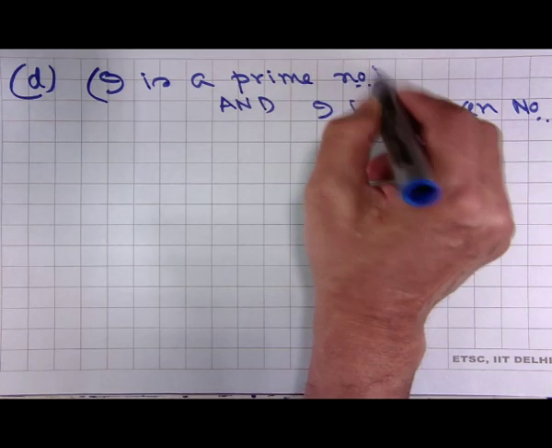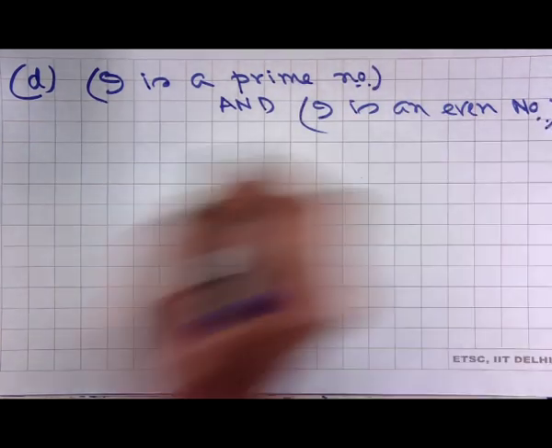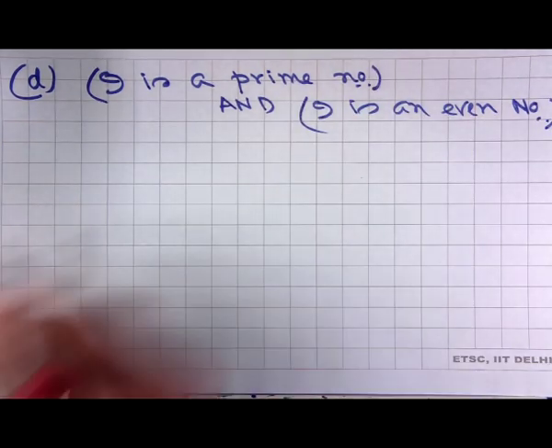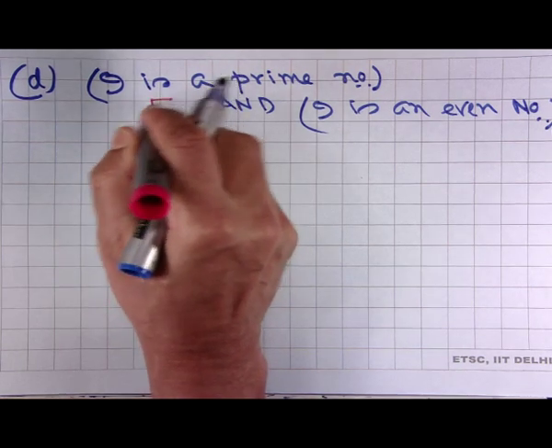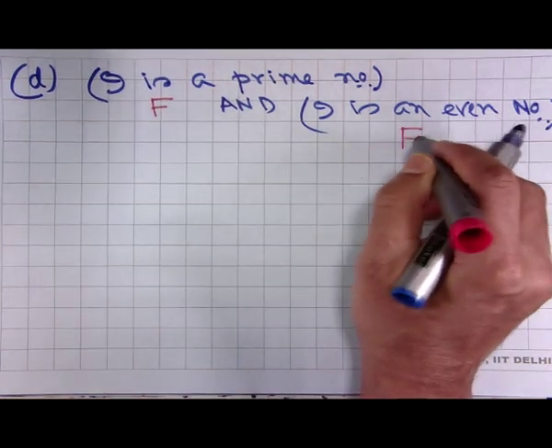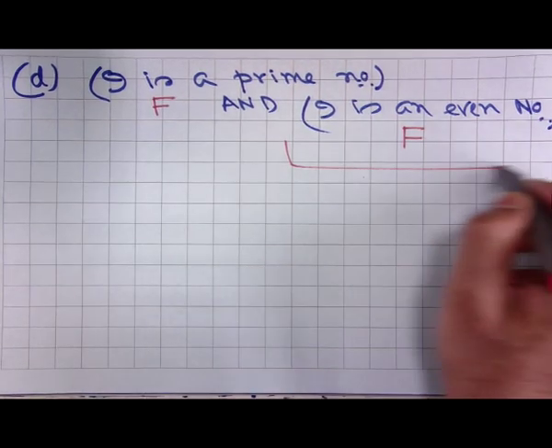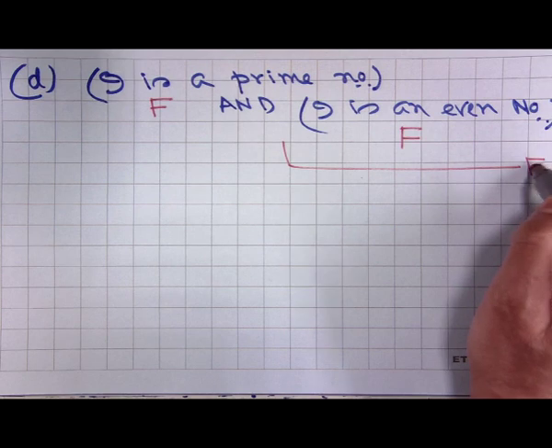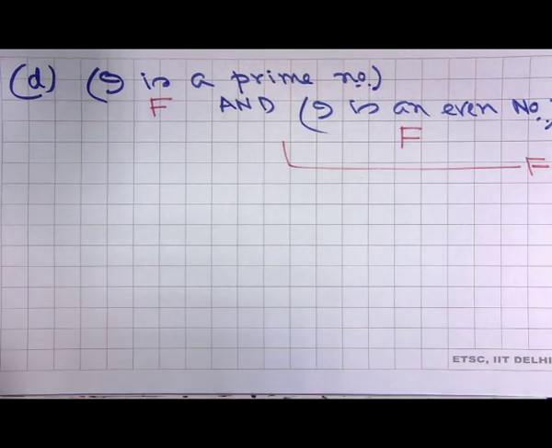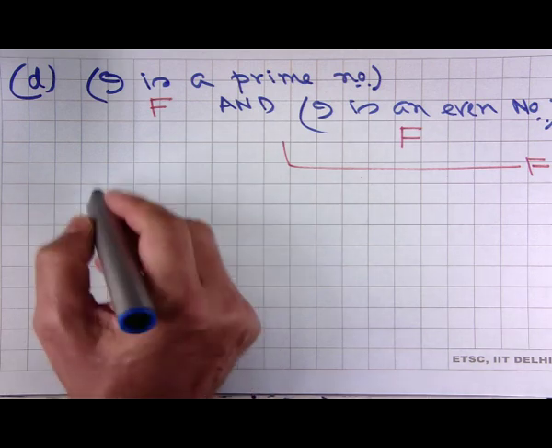So, as a component, we see that this is false, this is false, and the truth value of the entire statement is false. So, this helps us in building the truth table.